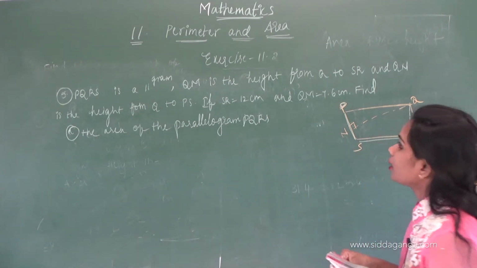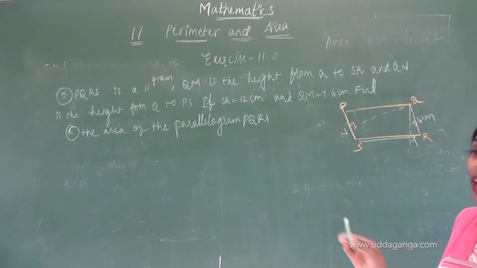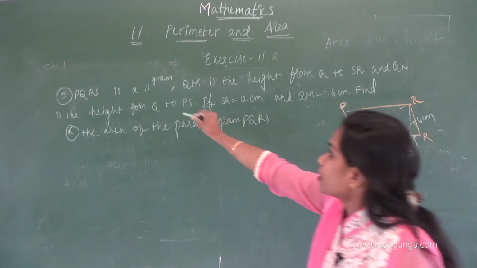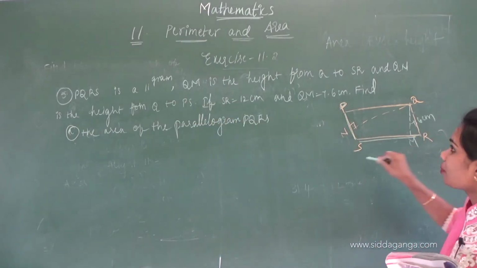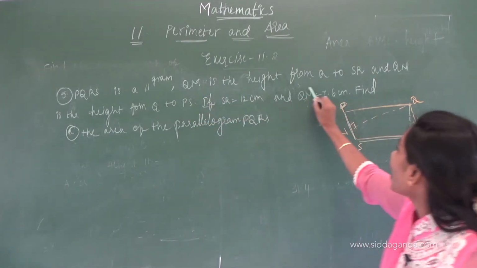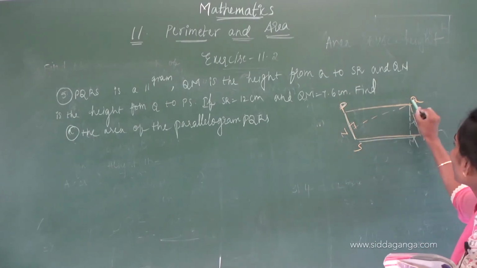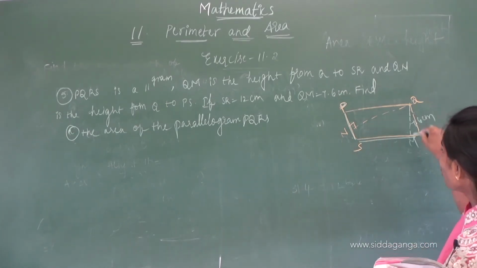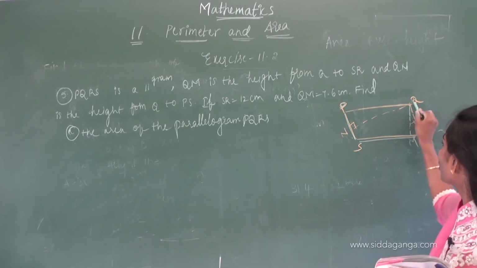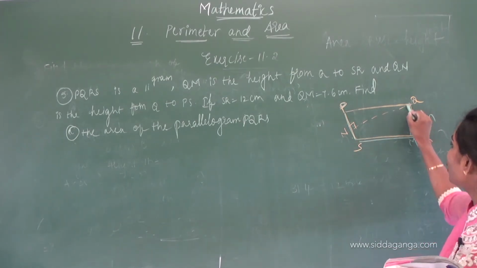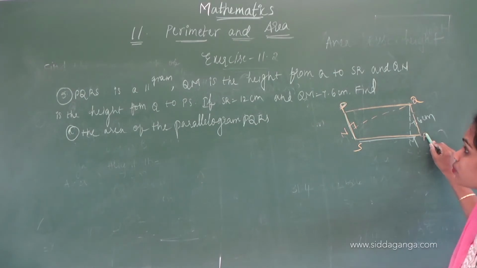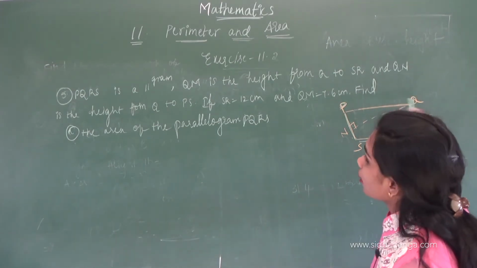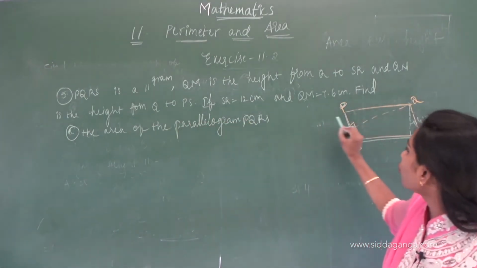PQRS. What is the question, children? PQRS is a parallelogram. QM is the height from Q to SR. One time they are taking this one as base and QN is the height from Q to PS.